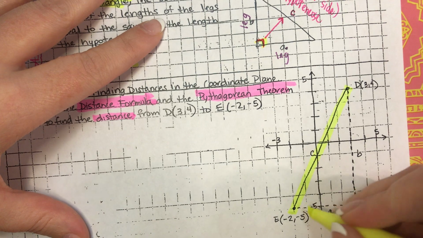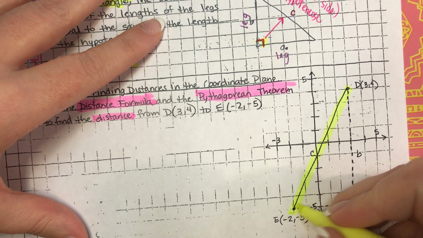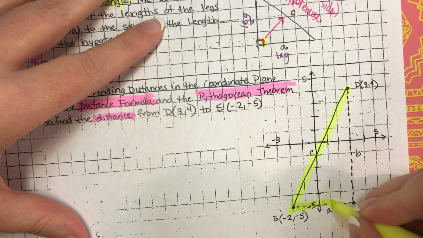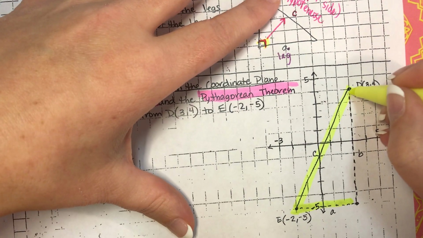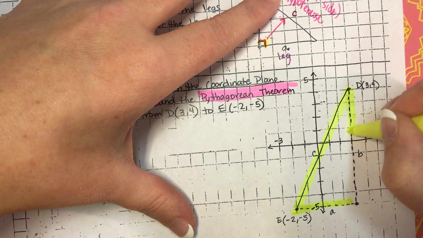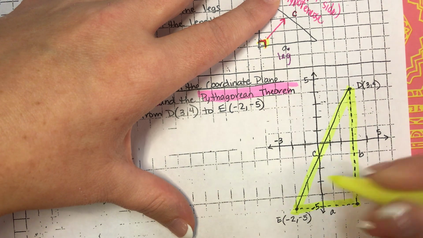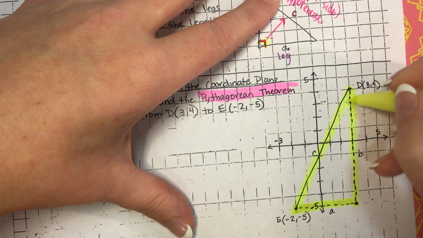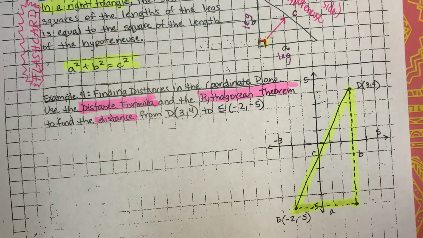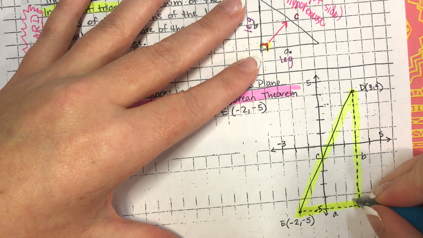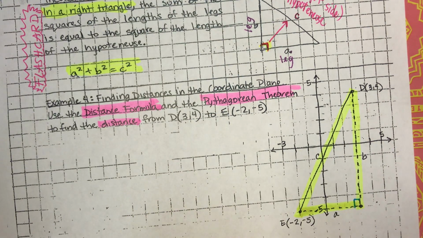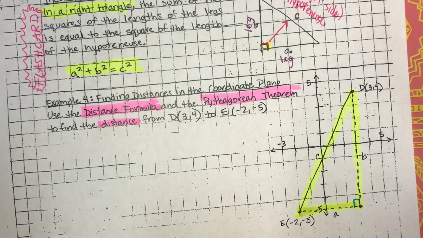So it's a horizontal line. And then you have this vertical line going down, and you keep going until they intersect. And since this is horizontal and this is vertical, they are going to intersect at a 90-degree angle, which is that right triangle which we need.